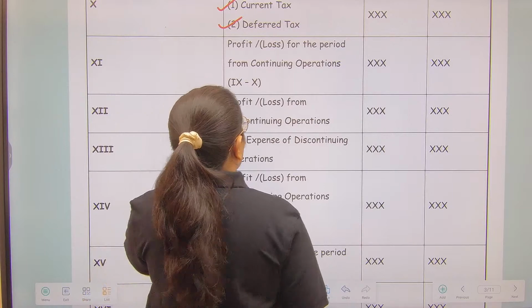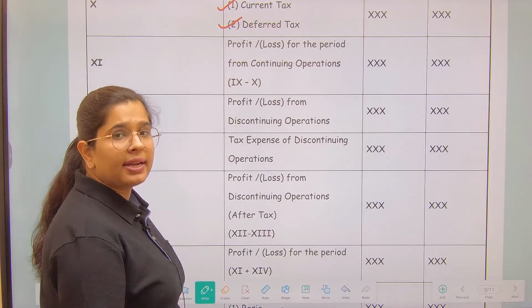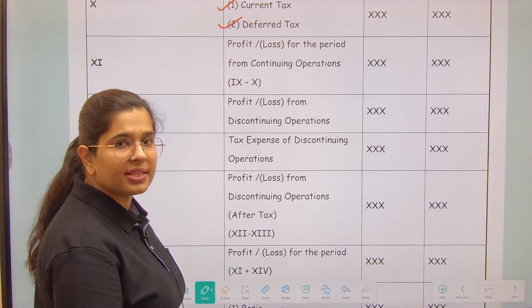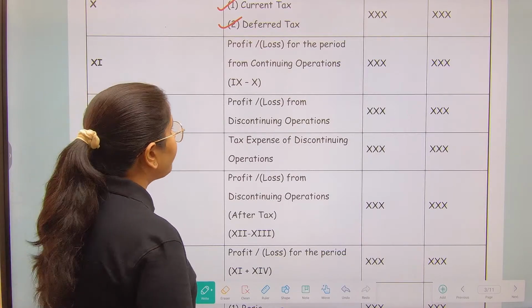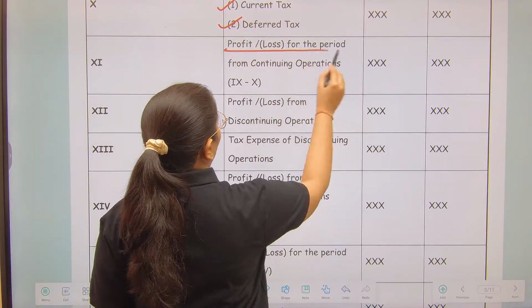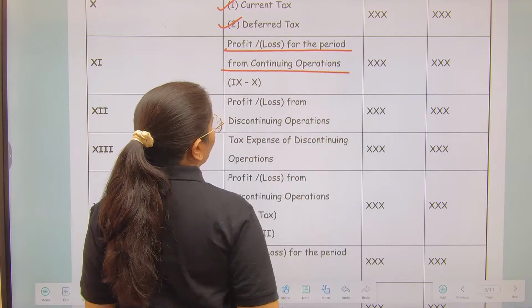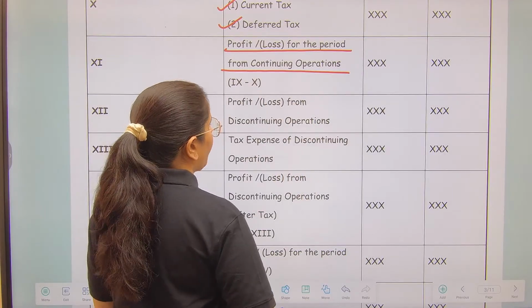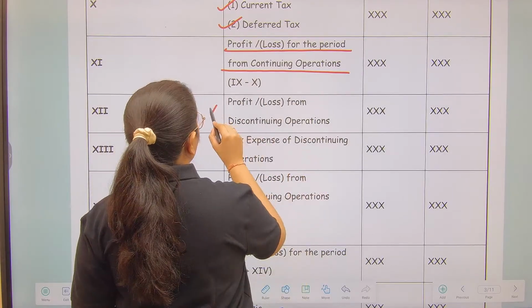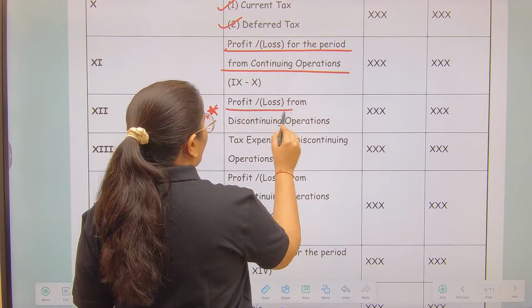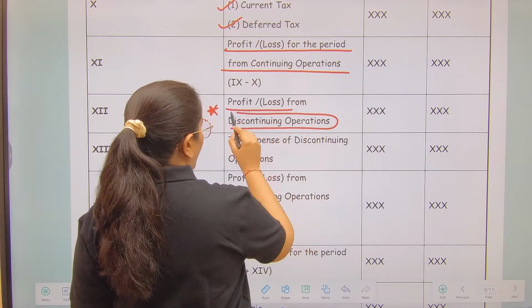Next thing, I have deducted my current tax as well as deferred tax. After that, I have arrived at profit and loss for the period from continuing operations. You can also incur profit or loss from discontinuing operations.